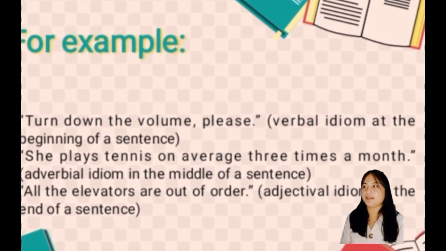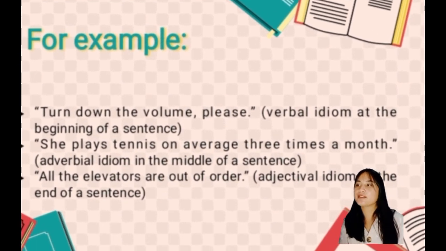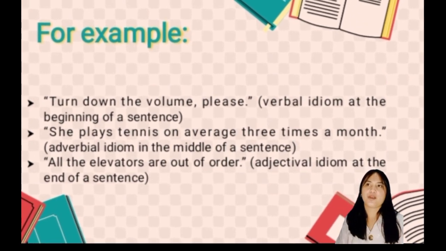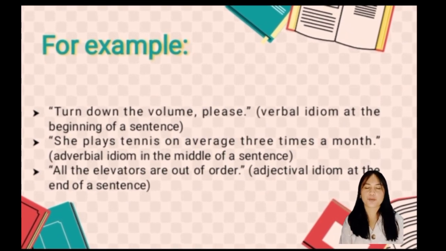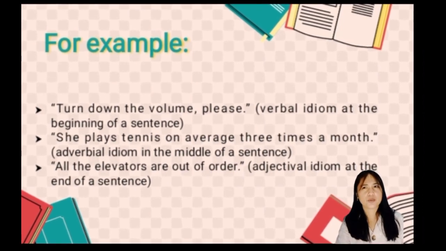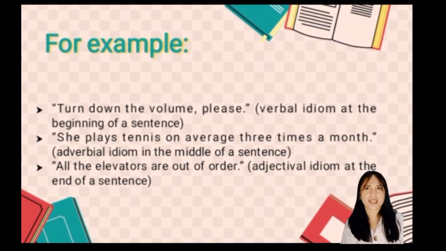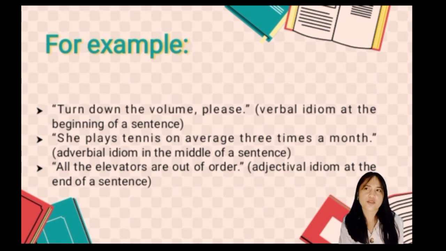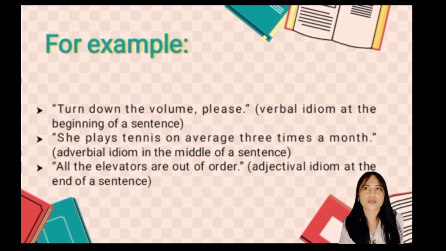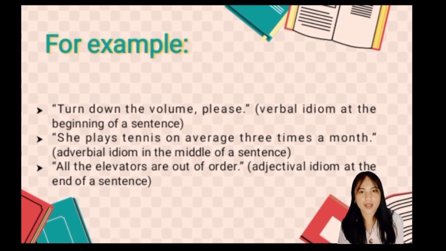For example, the first, turn down the volume, please. So here the prepositional idiom turn down the volume is used as an instruction to reduce sound or noise. Here the idiom indicates the desired action, which is followed by the object, the volume.